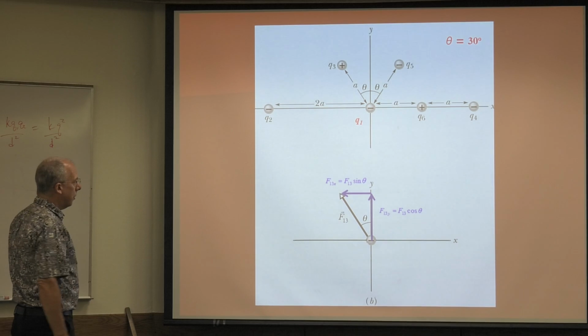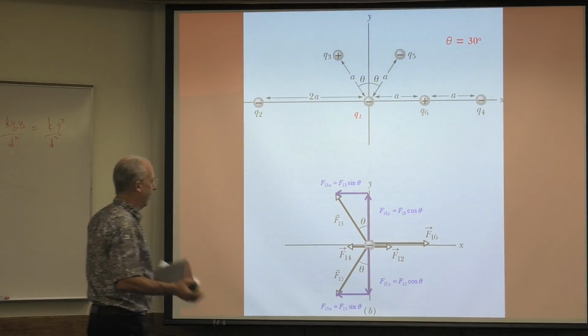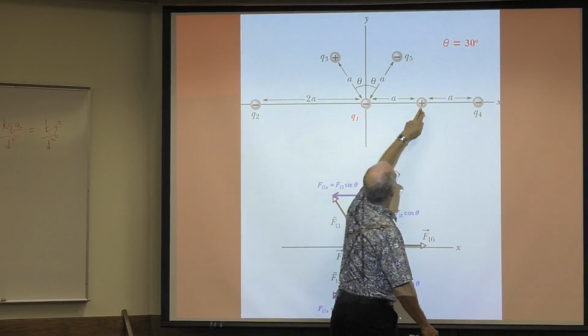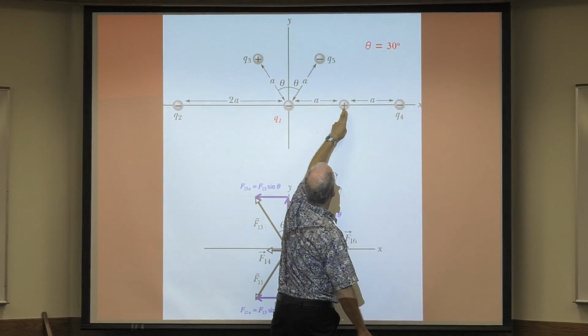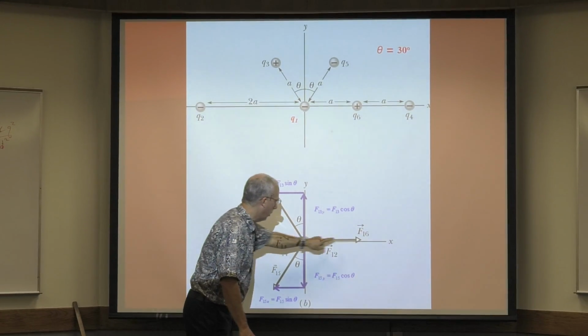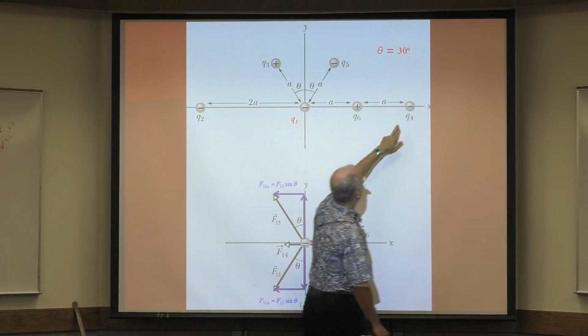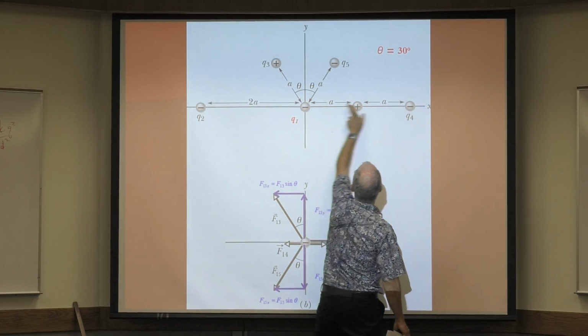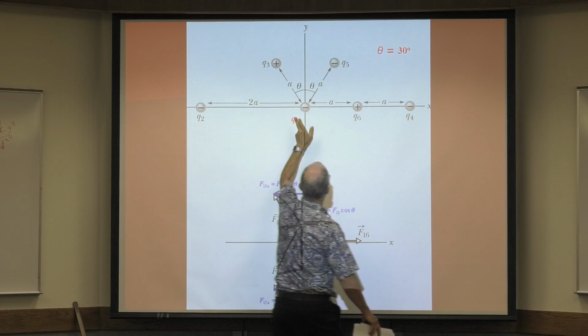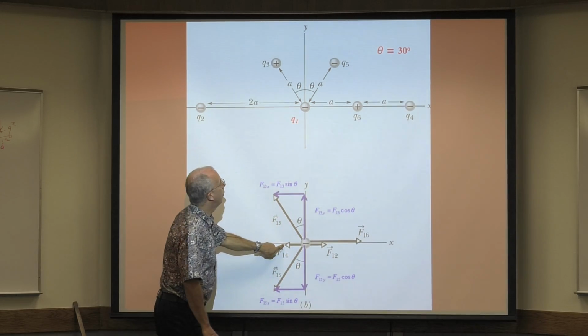All right, now let's do all the other ones. So this one pushes it to the right. This one pulls it to the right with a large force because it's only A. So there's F16. Okay, what does Q4 do? It pushes it that way with a small force because it's 2A apart. So there's F14.